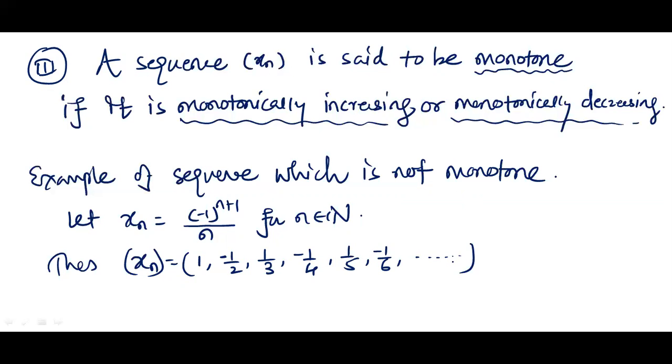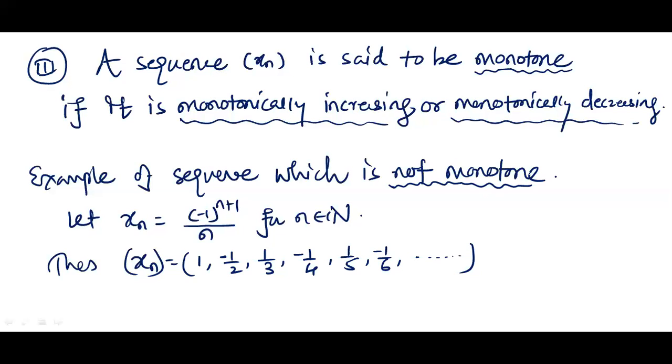See, the terms of the sequence are neither increasing nor decreasing. Therefore, this is an example of a sequence which is not monotone.